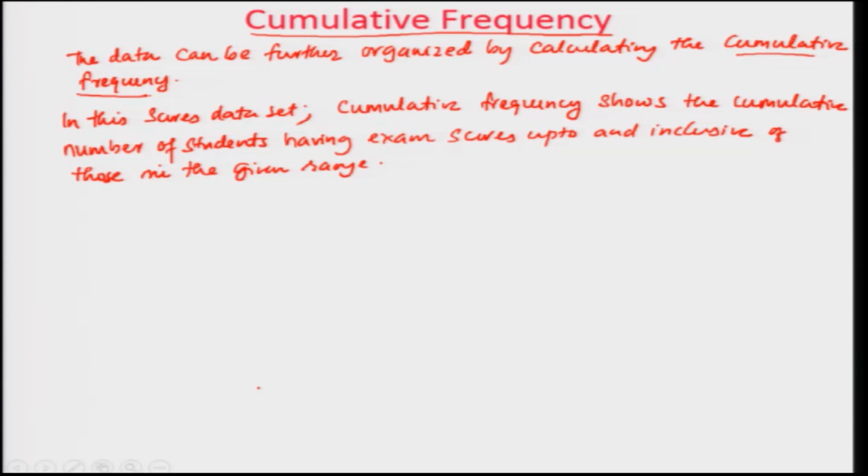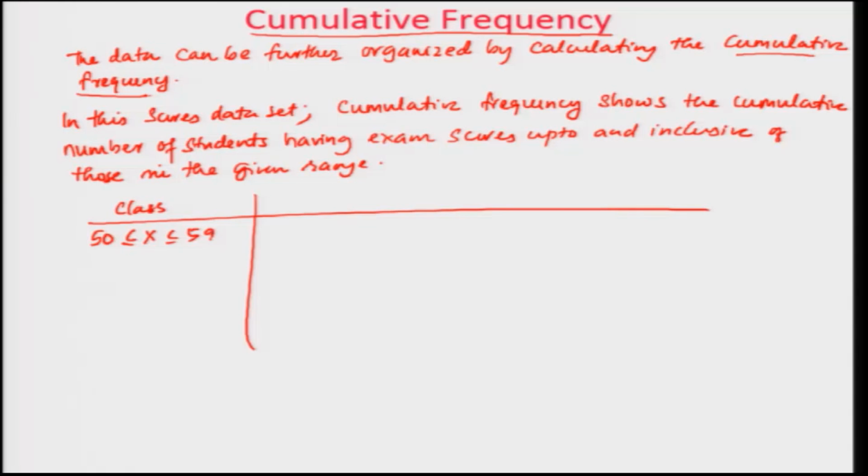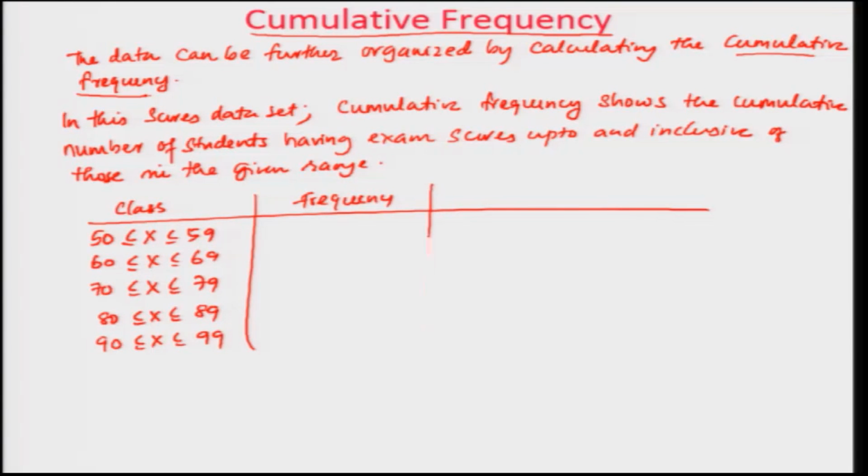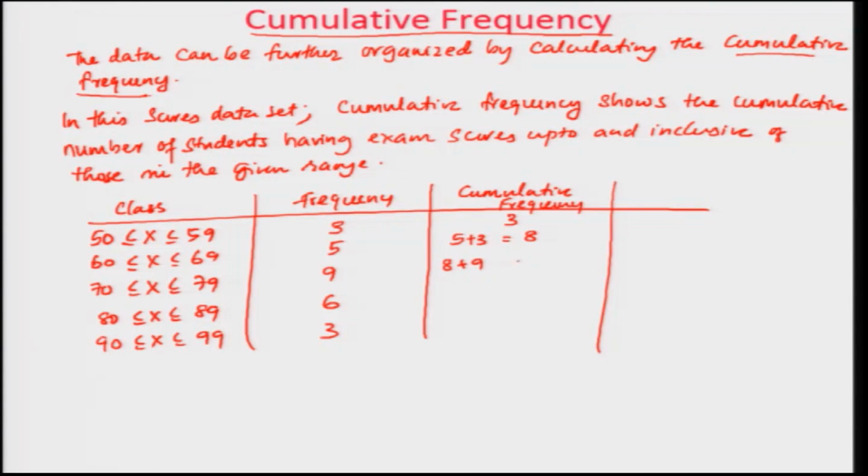So what I am trying to do here is, if I have the classes 50 less than or equal to x less than or equal to 59, 60 to 69, 70 to 79, 80 to 89, and 90 to 99, with the frequencies 3, 5, 9, 6 and 3, then the cumulative frequency for the first one is 3, for the next one it is 5 plus 3 is 8, and for the next it is 8 plus 9 is 17.